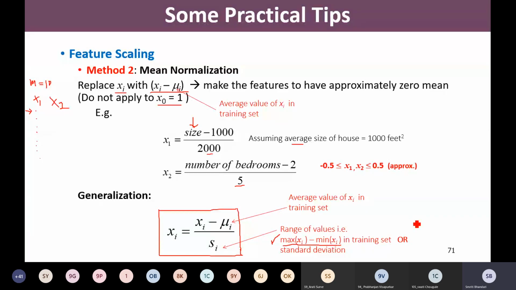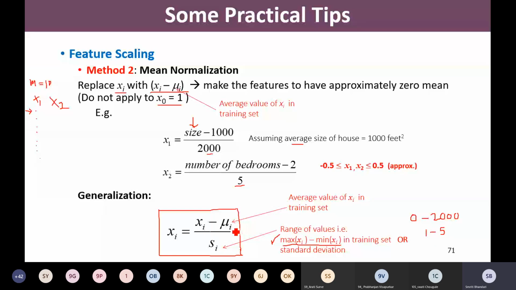This means that if the range of values is 0 to 2000, then the max value minus the min value, 2000 minus 0, becomes 2000. But let us assume the number of bedrooms ranges from 1 to 5. If we go with this expression for si, the value will be maximum xi, that is 5, minus minimum xi, that is 1, so 4.